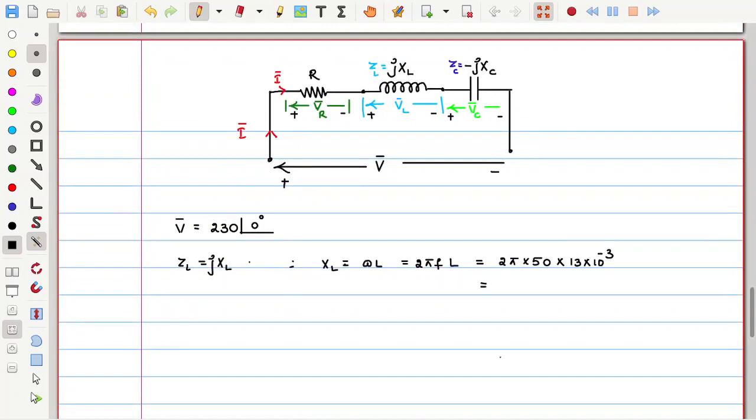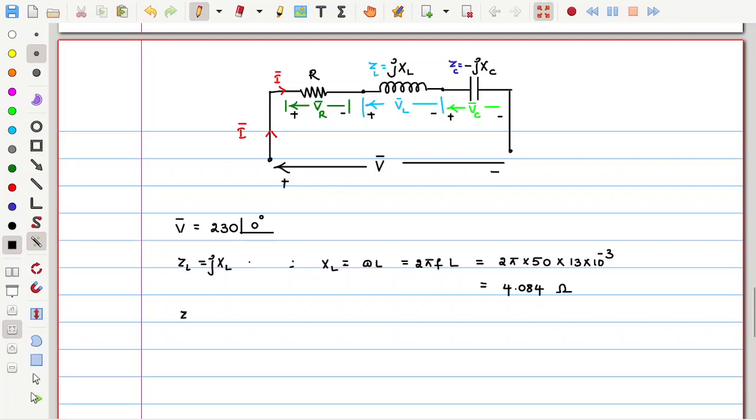Let me calculate: 2 pi into 50 into 13 into 10 power minus 3. This is 4.084 ohms. This is the inductive reactance.